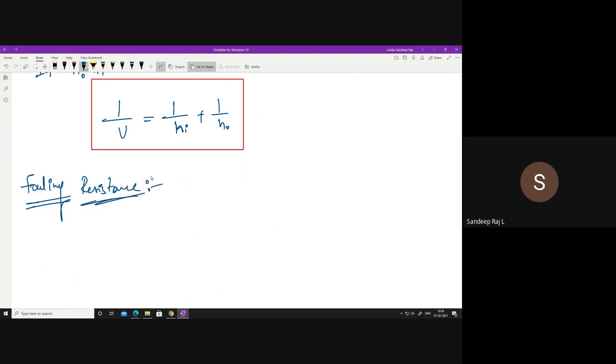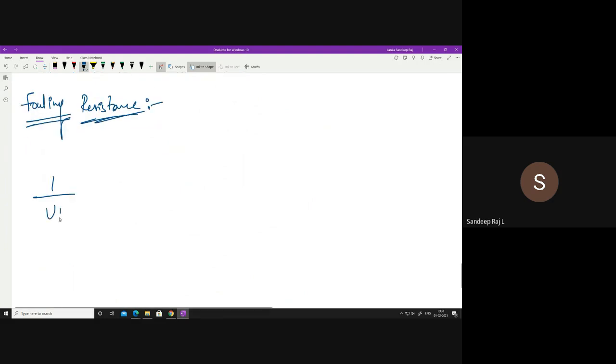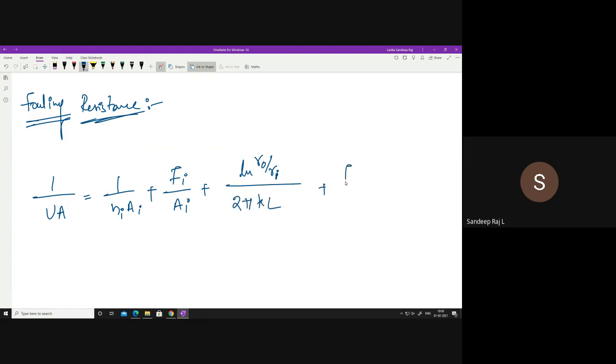If I take it, your R equivalent, that is 1 by UA, will be 1 by hi Ai plus Fi by Ai plus ln(Ro by Ri) by 2 pi K L plus Fo by Ao plus 1 by ho Ao. Okay, this is your equation when you consider the effect of fouling here.